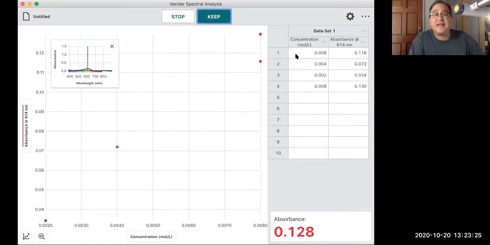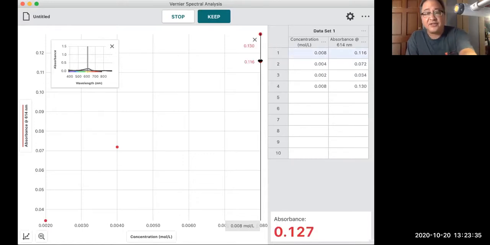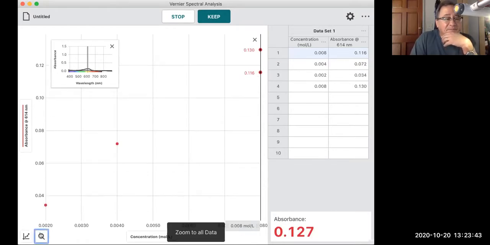And let's see, is there any way to get rid of a point? This one right here is the point we want to get rid of. Let me see if I can just delete it. Nope. Zoom to all data.